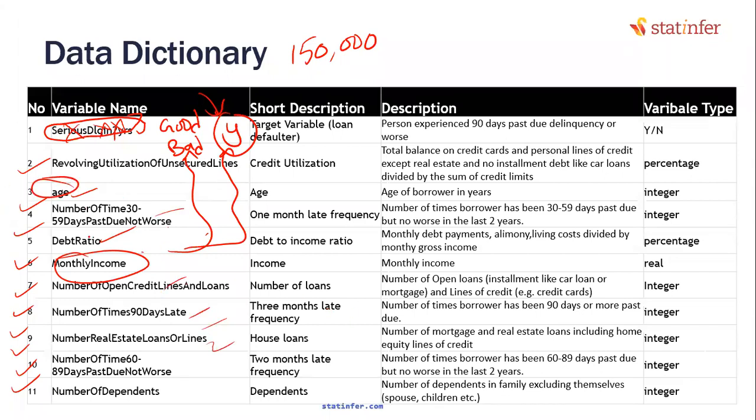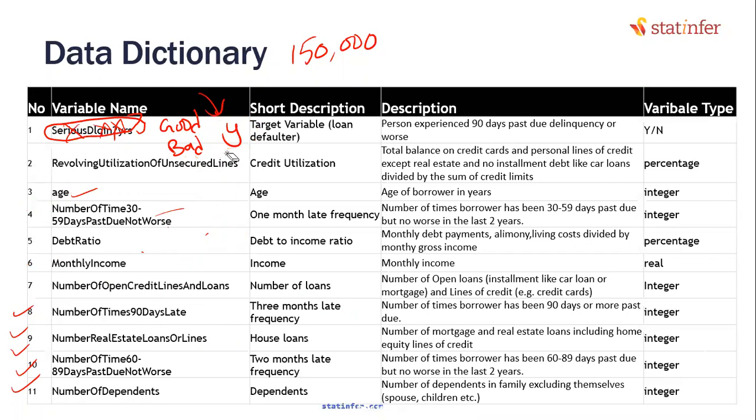Even if you don't have age, or if you are missing one or two variables here, you can still build a model. But if you don't know the target variable, you can't even build a model. On the overall level, whether a person was good or bad, that means 0 or 1, serious delinquency yes or no, without that it will be difficult.